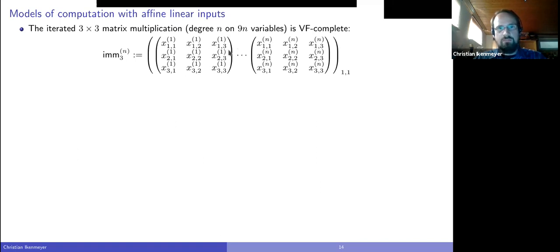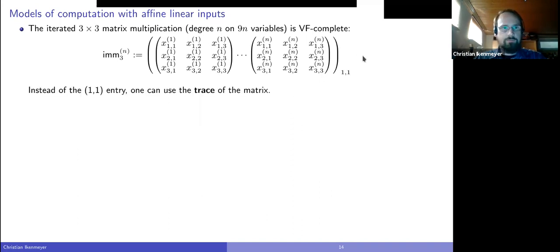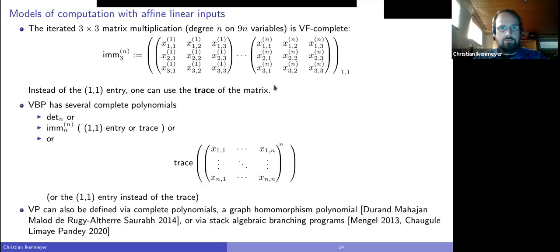You multiply them up, you take the 1, 1 entry of that. That's a polynomial of degree n, and it has 9 times n variables. And that's complete for VF. Instead of the 1, 1 entry, some people take the trace because they think the algebraic properties are nicer. I personally have now found some reasons to actually use the 1, 1 entry in these models.